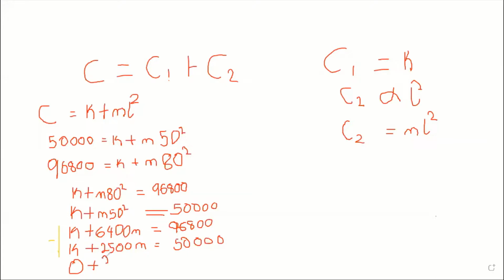So 3,900 M is equal to 96,800 minus 50,000 is 46,800.